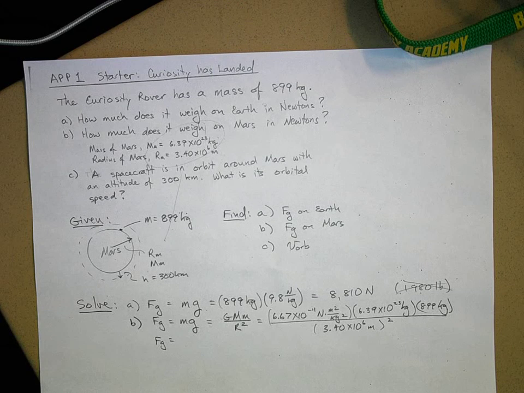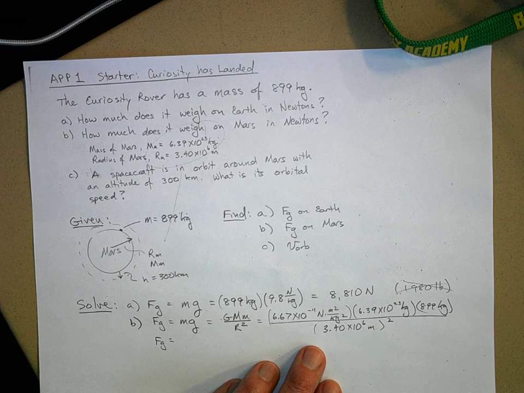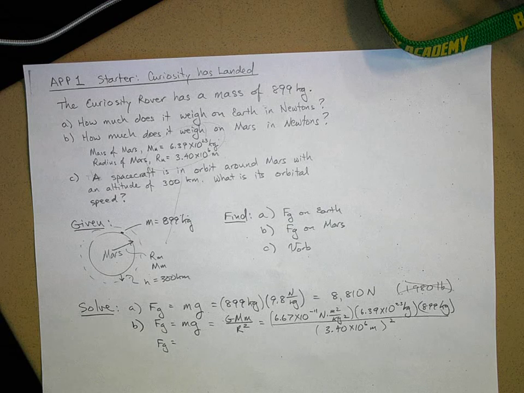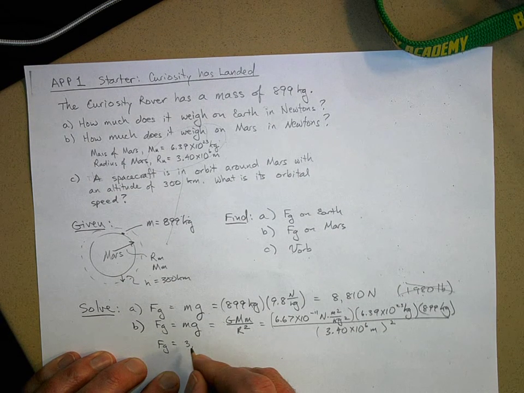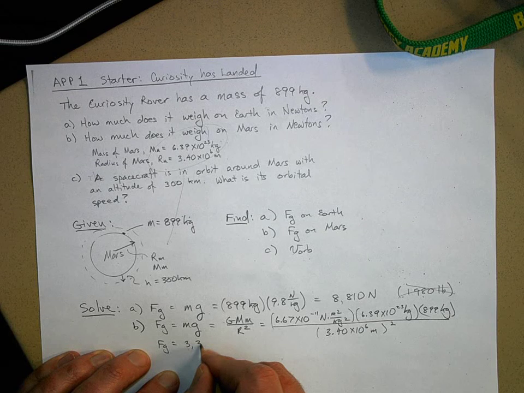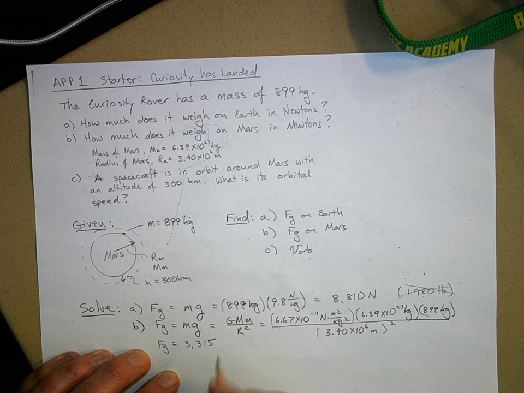So let's clear. 6.67 times 10 to the negative 11 times 6.39 times 10 to the 23 times 899 equals, and then we're going to divide that by 3.4 times 10 to the 6, and then we have to square it, and I get 3,315, if you round it off, newtons.